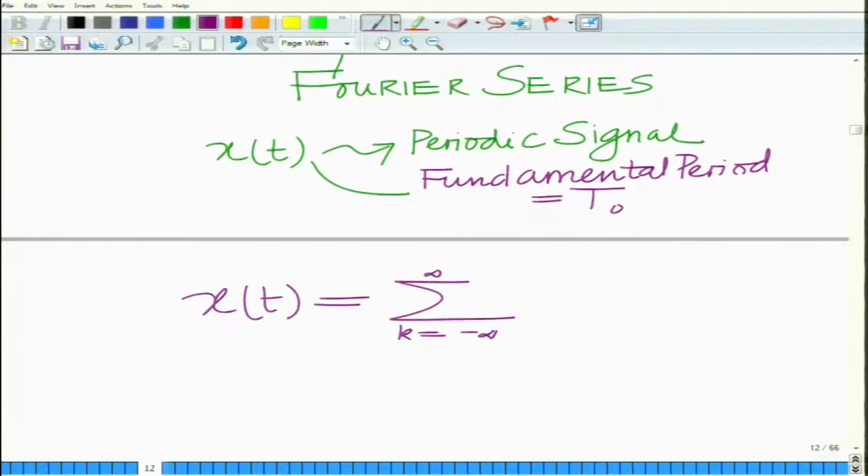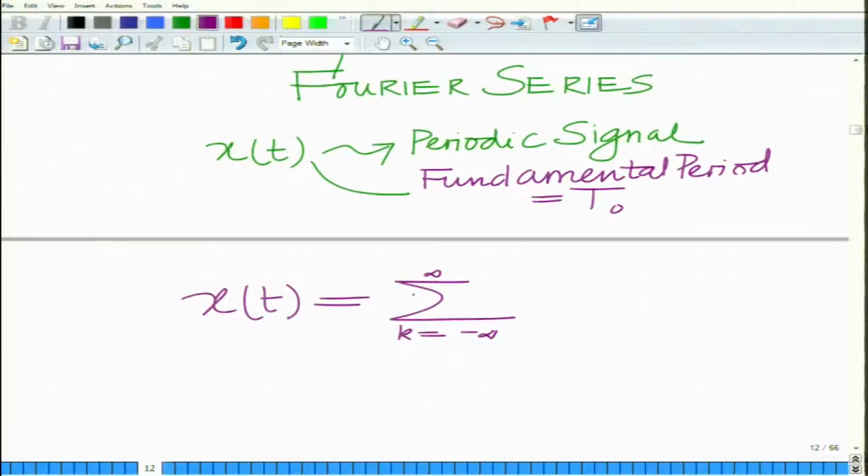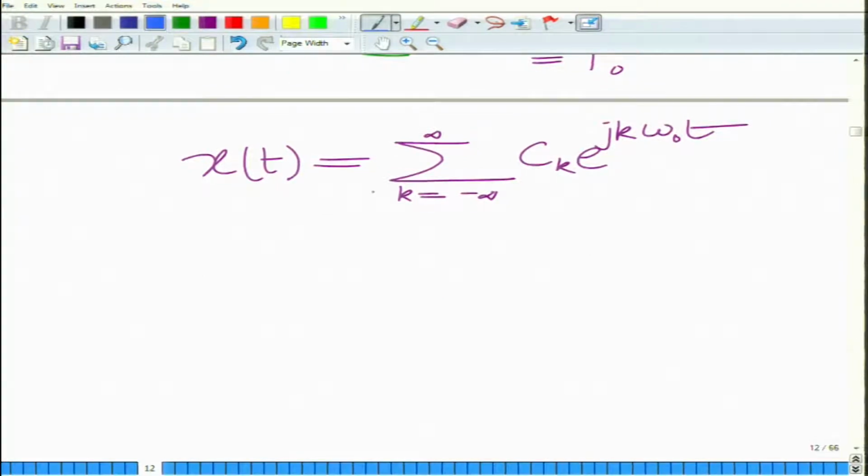It can be expressed as a sum of an infinite number of complex exponentials at the fundamental frequency omega naught and its various harmonics, that is frequencies k omega naught, where k is an integer. So, this can be expressed as summation k equal to minus infinity to infinity C k e raised to j k omega naught t, a sum of complex exponentials.